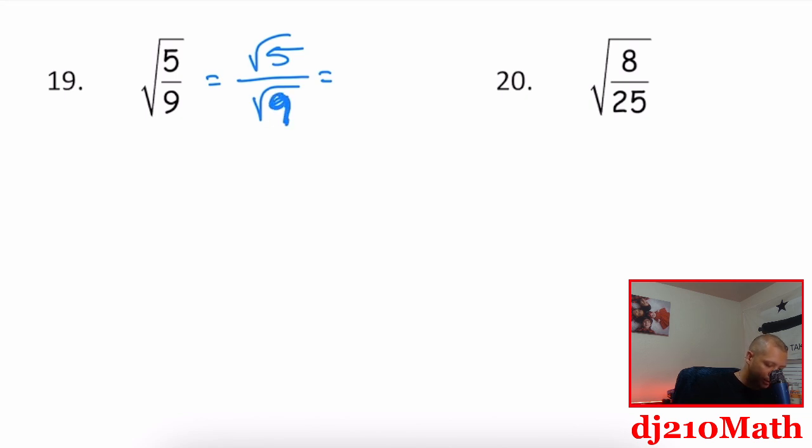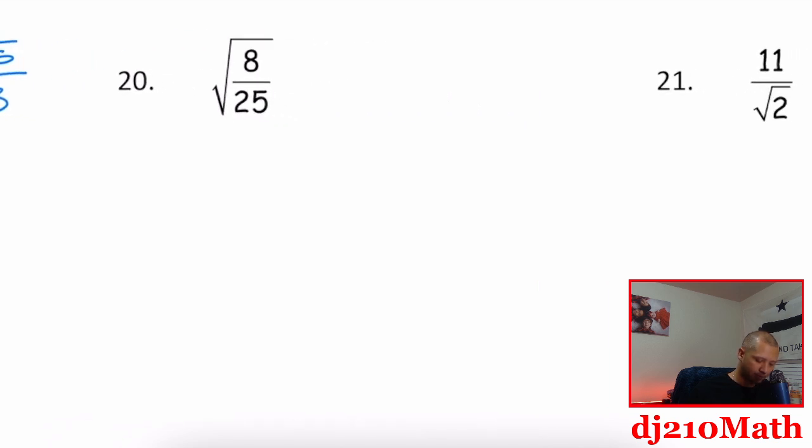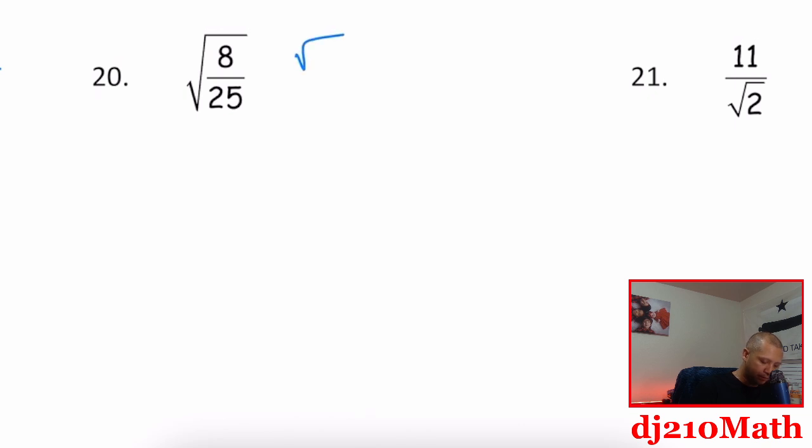Square roots in the bottom are essentially bad, equivalent to leaving a fraction not reduced. So this is going to be root 5 over square root of 9, which is 3. That's kind of nice.